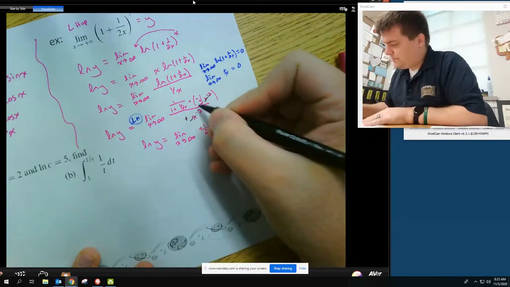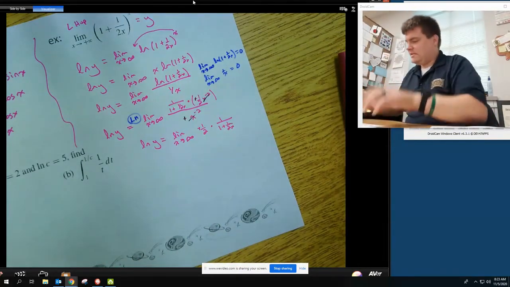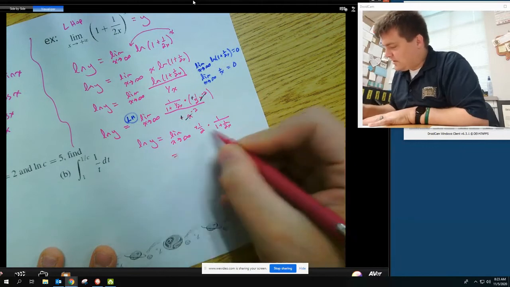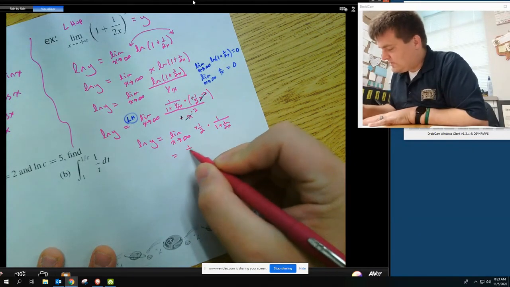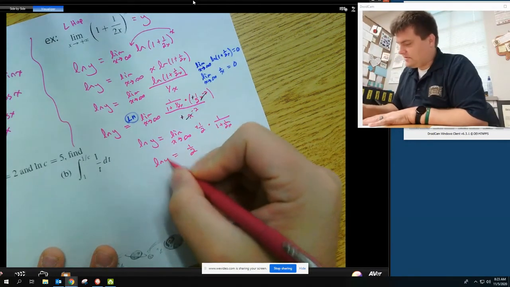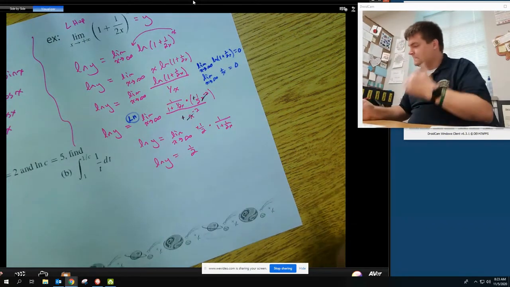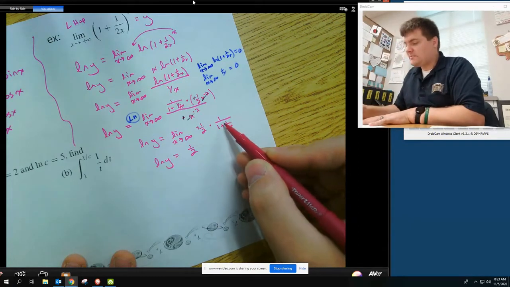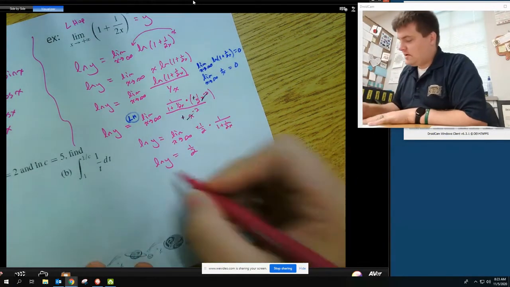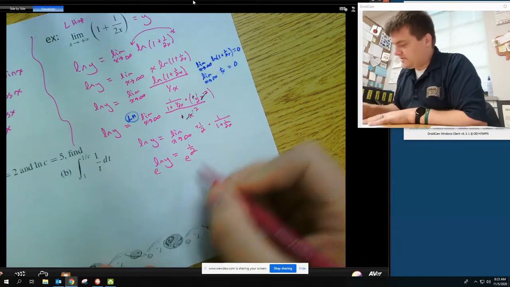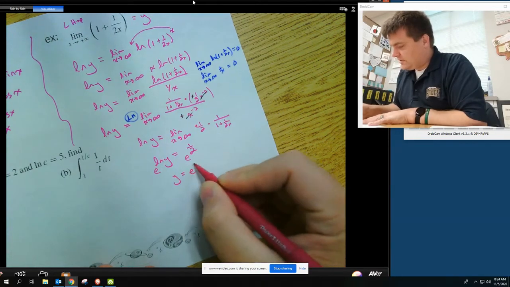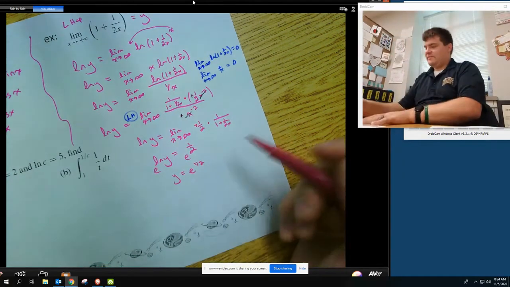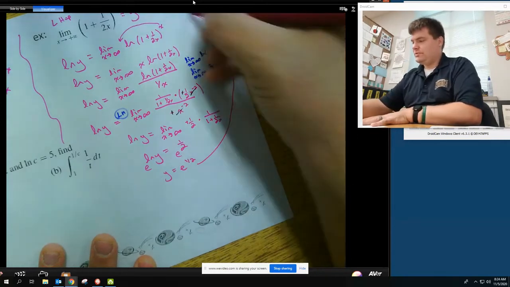Okay, so if I plug the infinity in, I'm going to get a 1/2. So ln of y is equal to 1/2. Again, plugging the infinity here, you're going to get 1 over 1 plus 0, which is 1, times 1/2, which is 1/2. And then we'll raise both sides to e, so I'm going to get y equals e to the 1/2, which is equal to that right there.